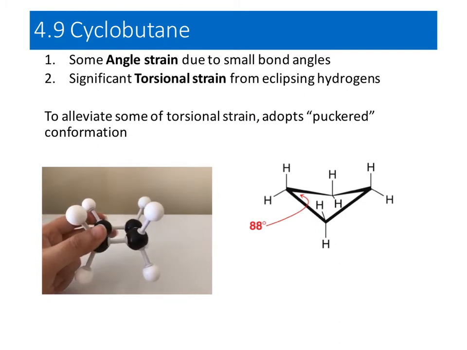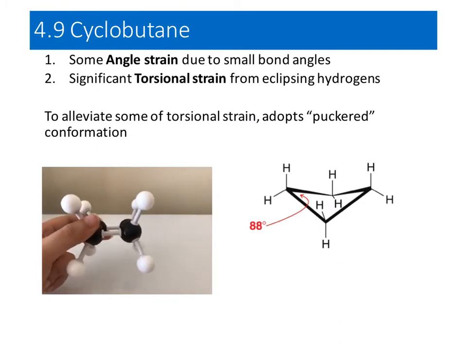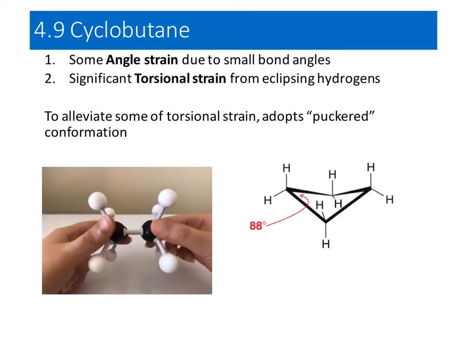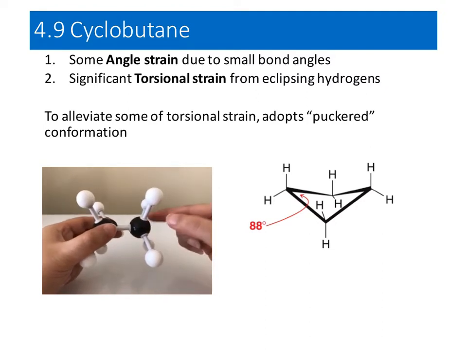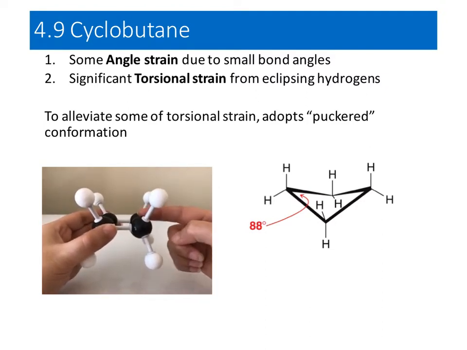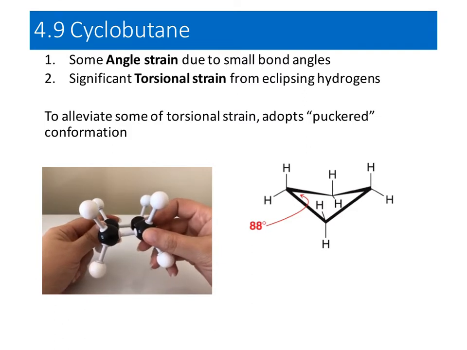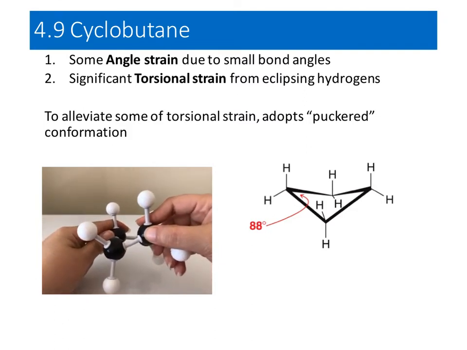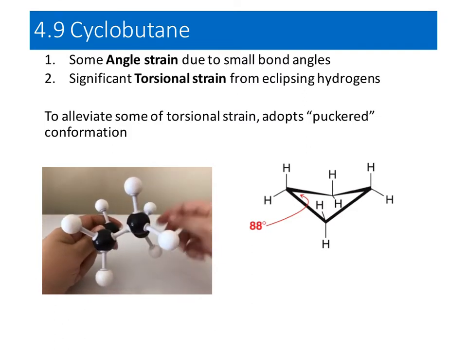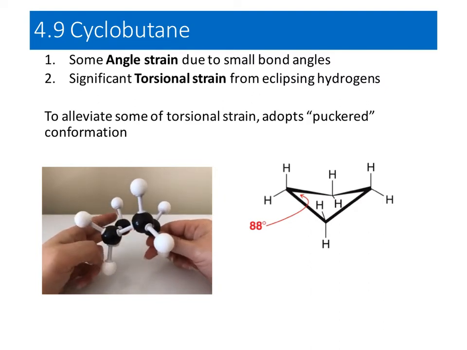The other strain for cyclobutane is torsional strain, and it is due to eclipsing hydrogens. If you look at the molecule from this side, these CH bonds, these hydrogens, are eclipsing one another in opposing carbons. Therefore, the molecule will rotate somewhat this way to release the strain.